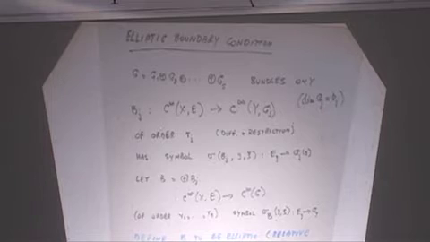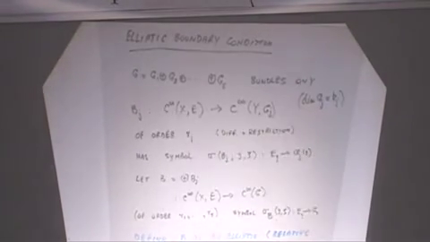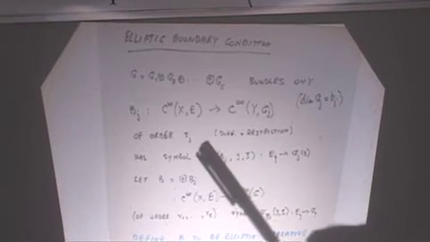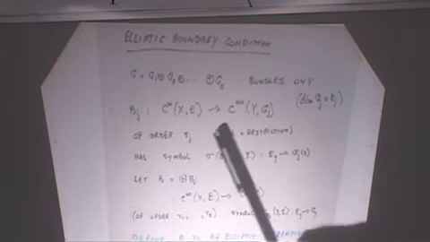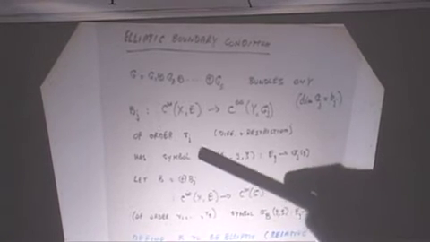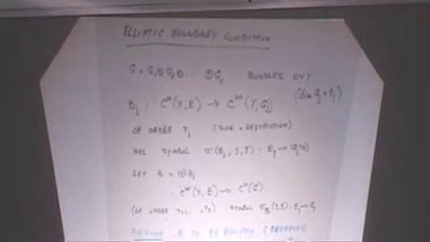These other bundles have some smaller dimension, and the boundary operator is going to be a map from the sections of the first bundle E to the sections of these different components on the boundary, involving a certain number of normal derivatives. And the order R refers to the number of normal derivatives.